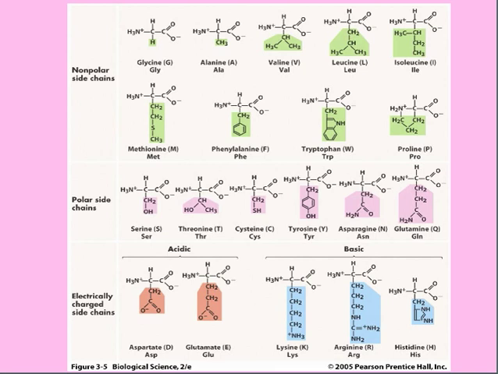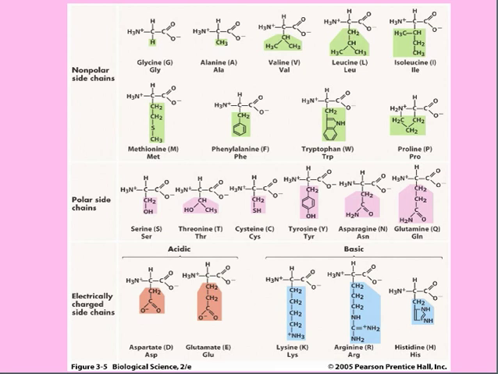They may be non-polar, such as the amino acids alanine, valine, leucine, isoleucine, methionine, phenylalanine, tryptophan, and proline, in addition to glycine. Or there may be polar side chains. That is, there's a little bit of a slight charge to the R group. And those examples are serine, threonine, cysteine, tyrosine, asparagine, and glutamine.